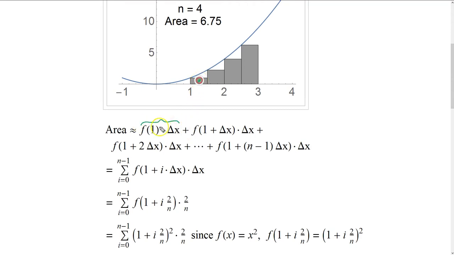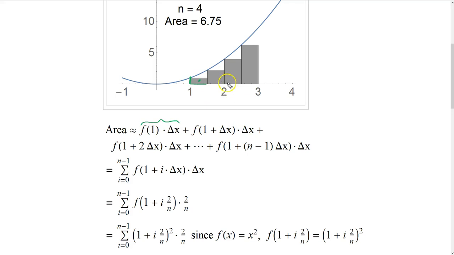Notice that we're looking at f of 1, that's the height of that first rectangle, times the width, delta x. And so this gives us the area of the first rectangle.